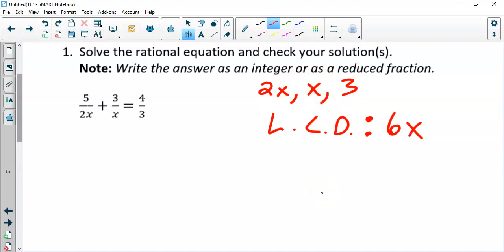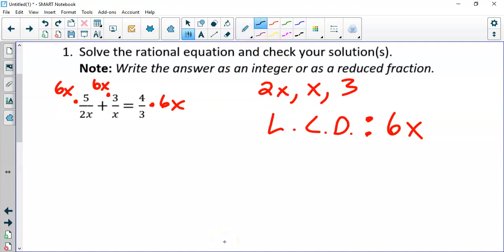So again, we're going to play Oprah. Everybody's getting multiplied by 6x. You get a 6x, and you get a 6x, and you get a 6x. And now we start canceling and figuring out what we have left.